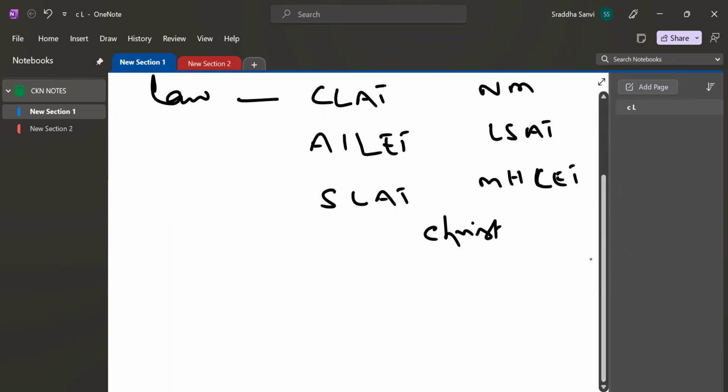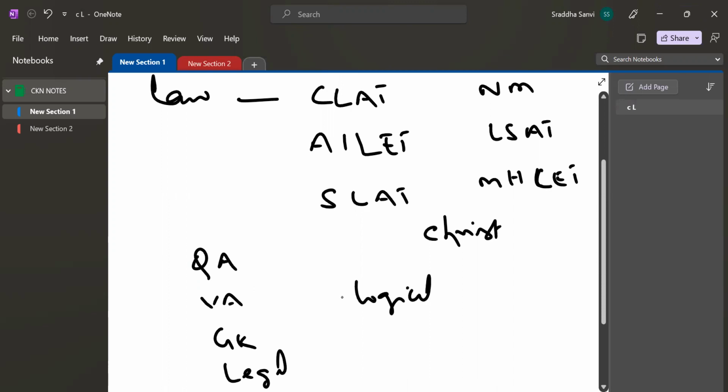As we discussed in the last video, across these exams, the testing areas are quantitative aptitude, verbal ability, GK, then legal reasoning, then logical reasoning, right? And you also know not every exam is testing all of these. For example, if you look at the Jindal LSAT exam, you don't have QA there, you don't have GK there, you don't have legal there.